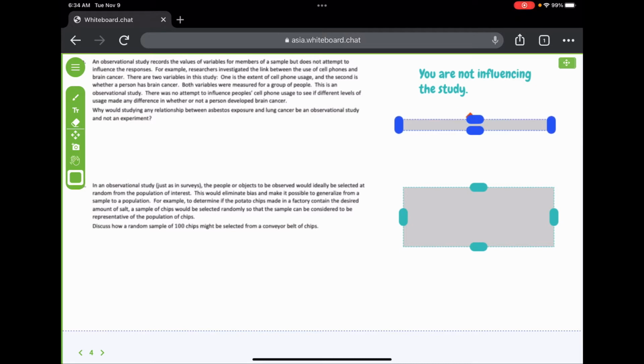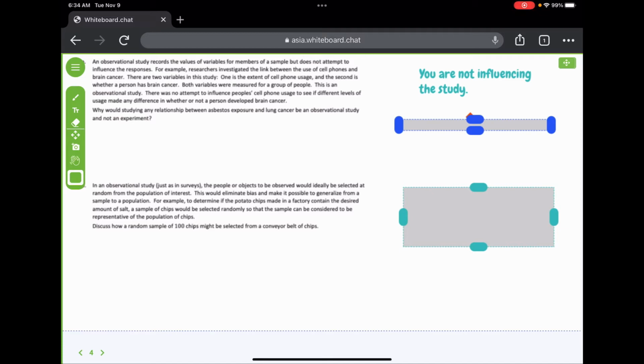Now, in the next one, it says, in an observational study, just as in surveys, the people or objects to be observed would ideally be selected at random from the population of interest. This would eliminate bias and make it possible to generalize from a sample to a population.